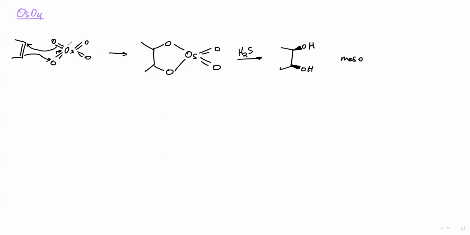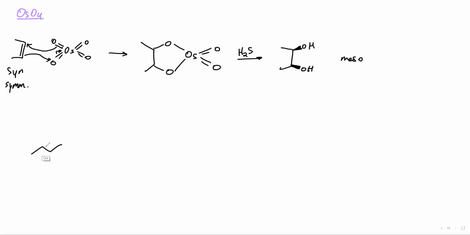We can, as long as we react this with a syn symmetric alkene. Then we're totally going to make a meso compound. Also, it's the same as H2 and X2: because we're adding two oxygens, who cares about regiochemistry? No one does at all. No regiochemistry whatsoever, because we're just adding two O's. So nothing to worry about.